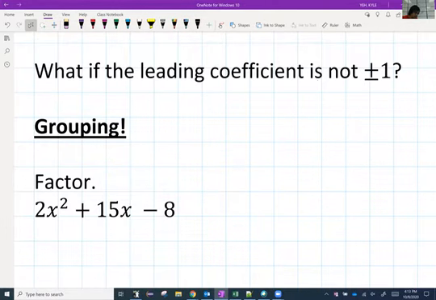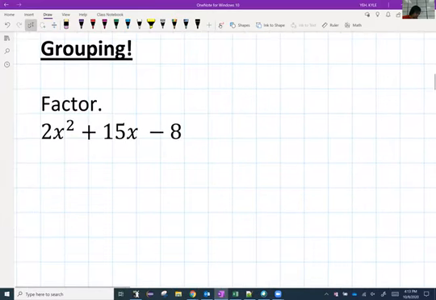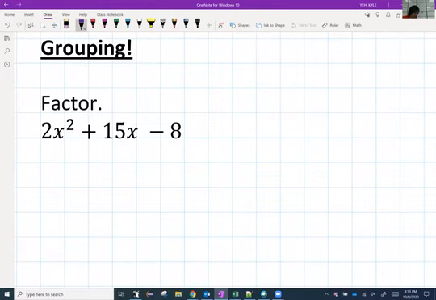So here's what I'm going to do. Again, some steps will look similar. But the first thing I'm going to do is come over here to the side, and I'm going to figure out what a times c is. I'm going to be finding two numbers that multiply to be a times c.